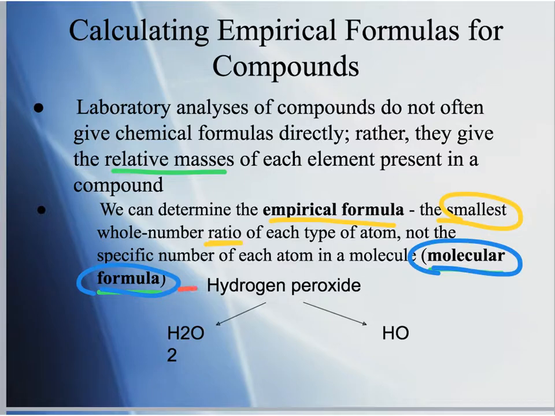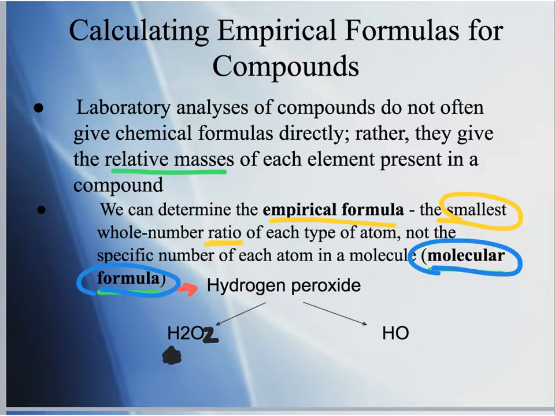We've got hydrogen peroxide. Hydrogen peroxide's molecular formula, which tells you the exact number of atoms in the element, is H2O2, right? Each molecule has 2 hydrogens and 2 oxygens in it.